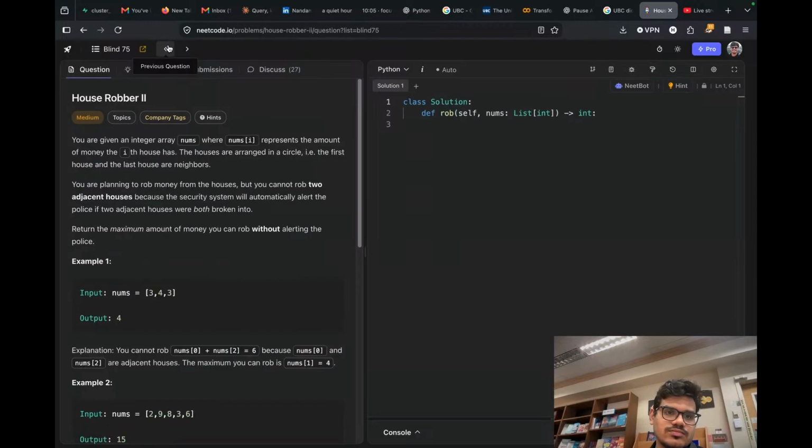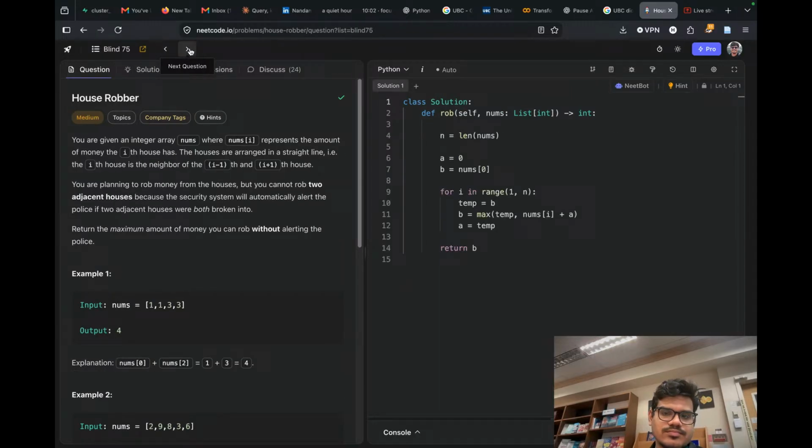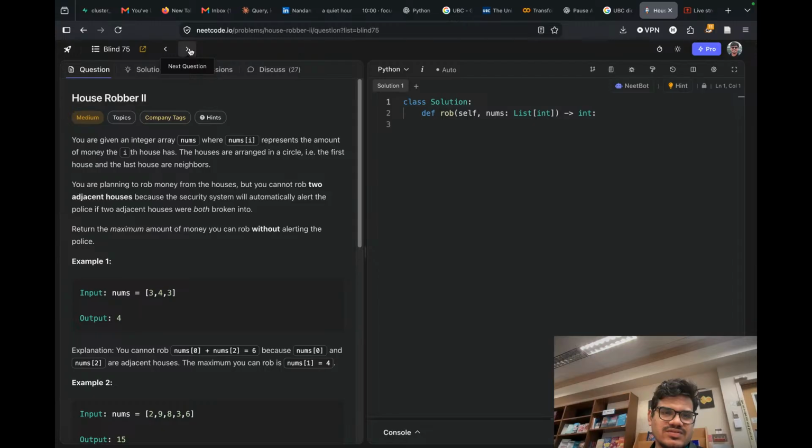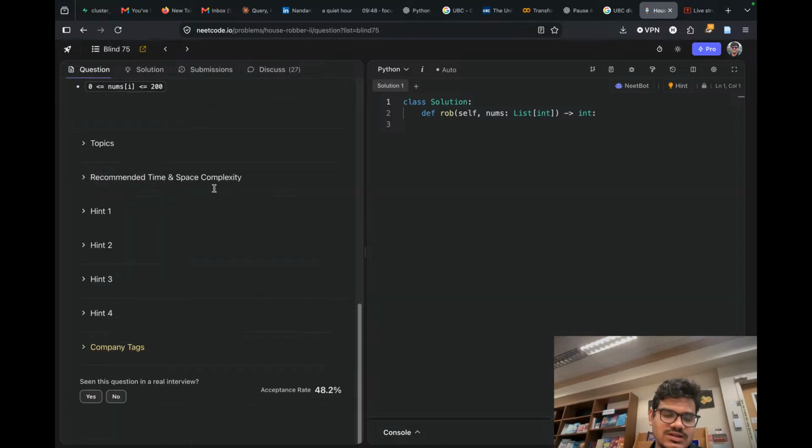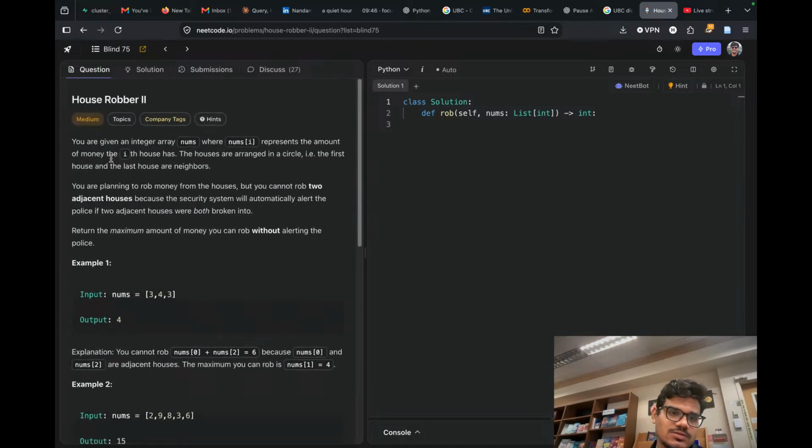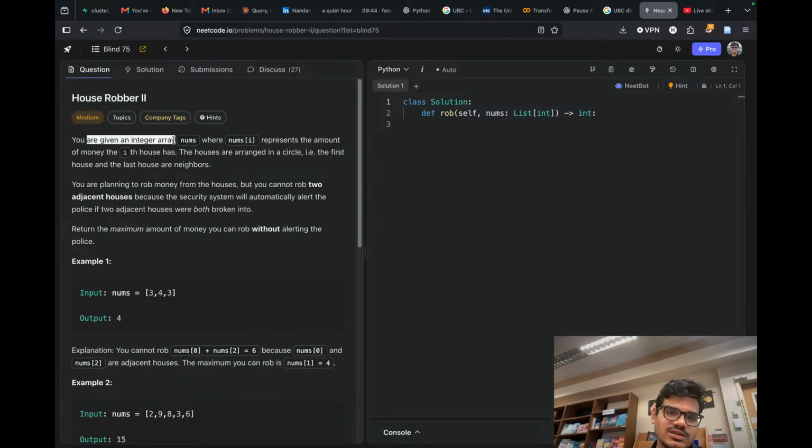Any difference? This one, I think, yeah, okay, this is the difference. So you are given an integer array that is nums, where nums[i] represents the amount of money the ith house has.